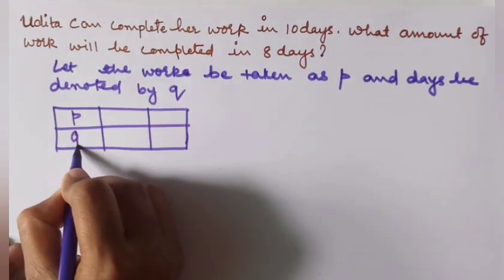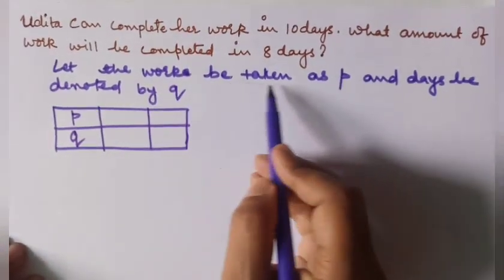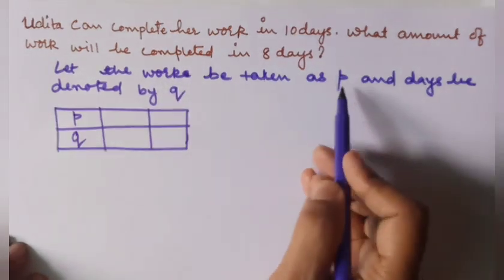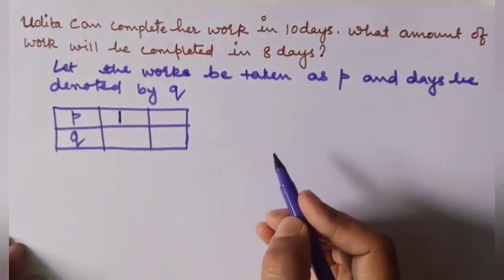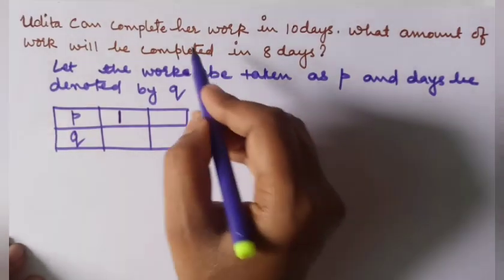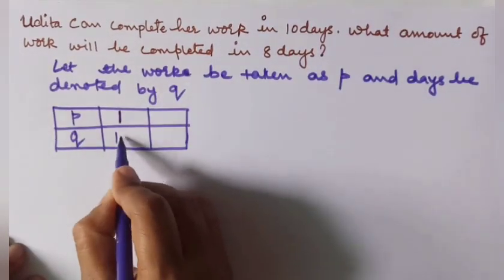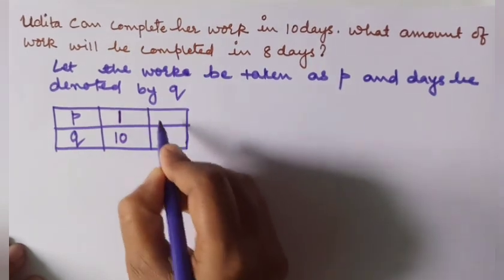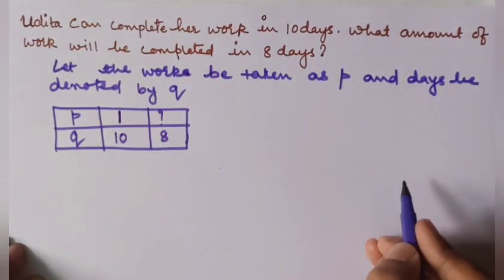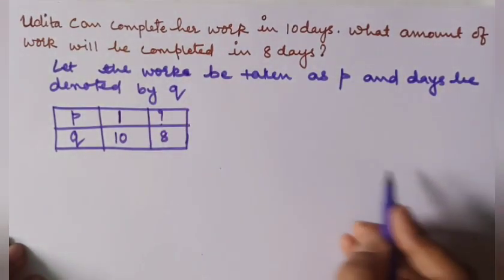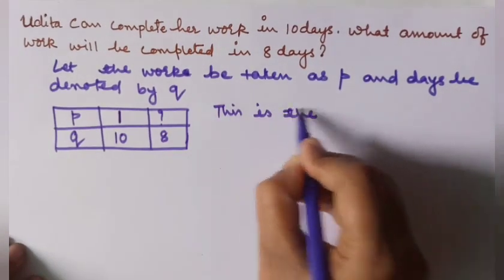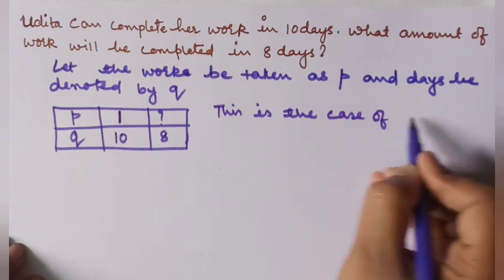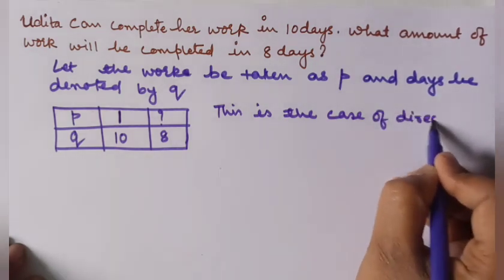P and Q. P is the work. Let the work be taken as P. So one complete work can be completed in 10 days. So in 8 days, how much work will Udita do? This is the case of direct variation.